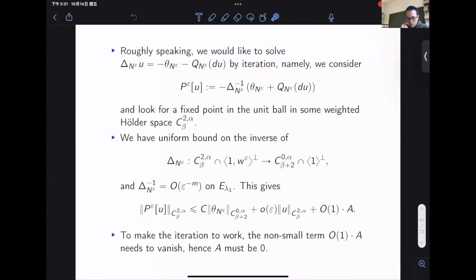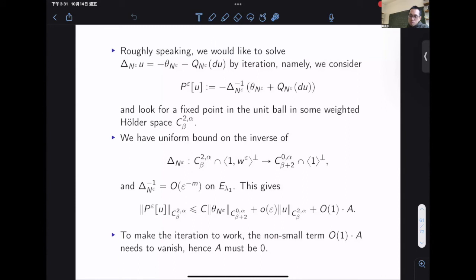To find a fixed point of this P, we need to control the size of the image of P. Unfortunately, we get this non-small term, which we cannot make smaller by making epsilon small enough.